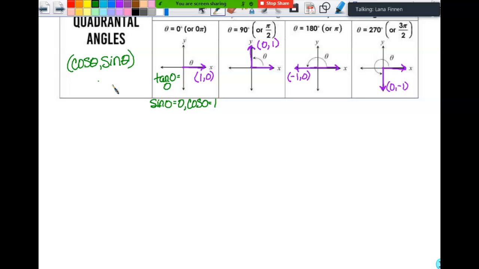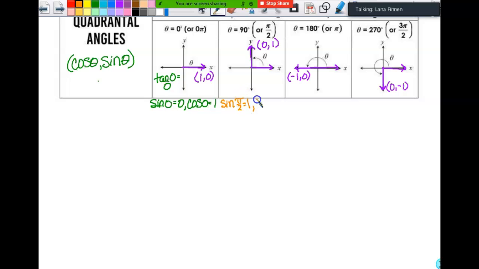And again, if we keep doing the same thing, repeating ourselves and writing the same things over and over again, do you think it's important? Yes, we're practicing. Okay, so then when I look at pi halves, the sine of pi halves is what? 1. Don't overthink it. It is the y value.